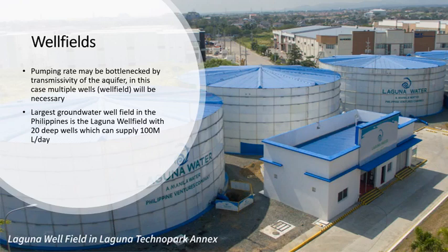This means if the aquifer is too thin or it has relatively low permeability, you can only extract so much water from a single pumping well. And in this case, you might have to design a well field with multiple wells extracting the groundwater.